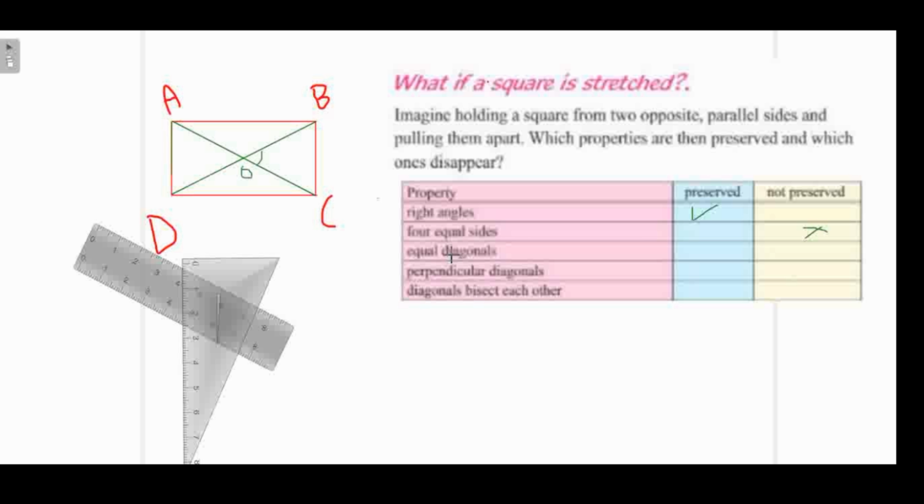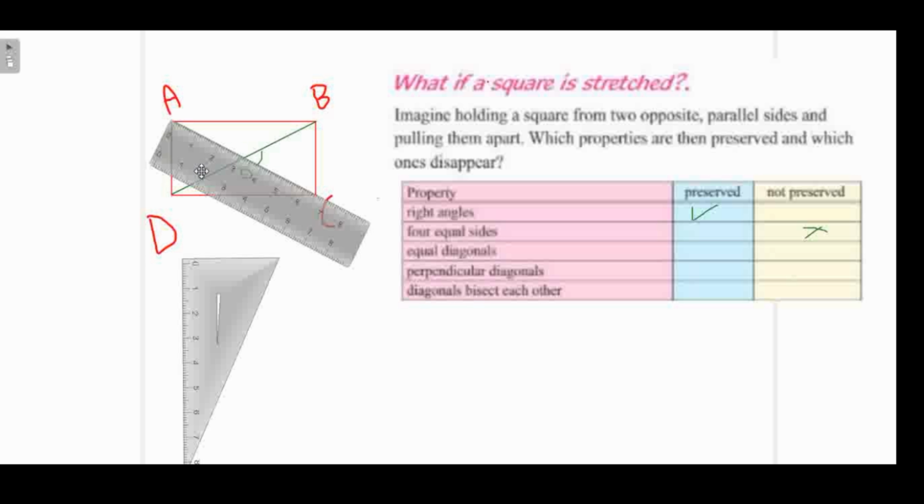The third property, equal diagonals. The diagonals AC and BD, are they still equal? Because in a square they are equal. So let's check in a rectangle.